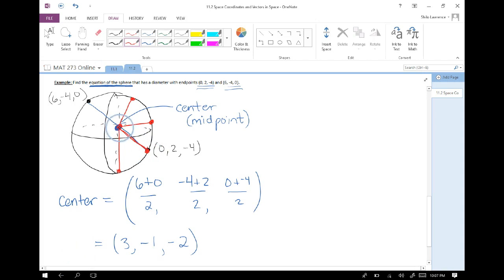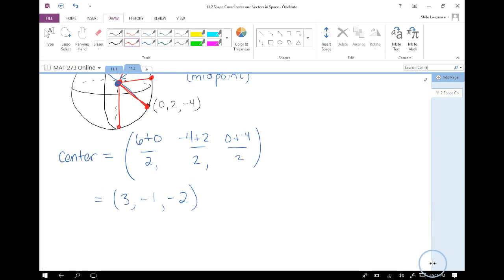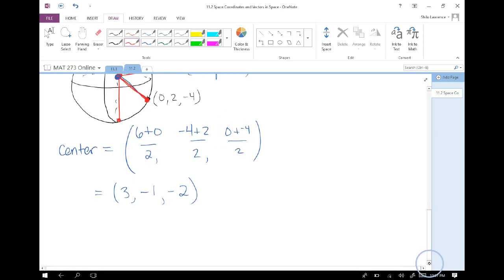I'm going to calculate the distance from the center that we just found to either one of the edge points. It should not matter which edge point you use, you should get the same answer. So I'm going to use our distance formula and the point 0, 2, -4 and figure out what that distance is. And that distance is my radius.